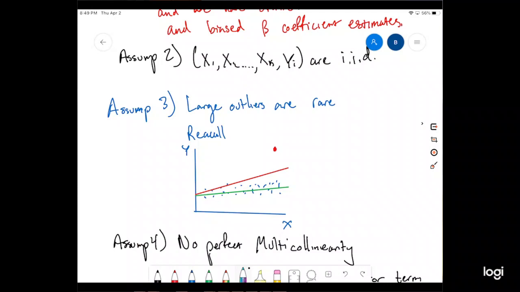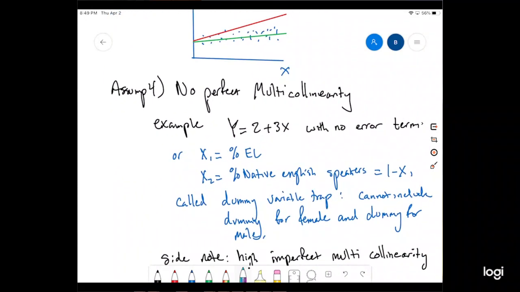Assumption number 4. Now this one's new because it didn't apply in the single variable case. It's called no perfect multicollinearity. So what is multicollinearity? It's when 2 of the x variables, x1 and x2 for example, are perfectly correlated.